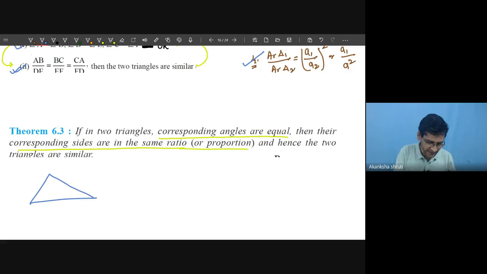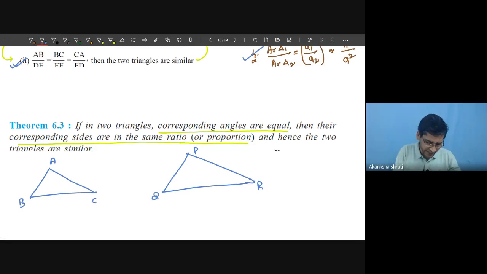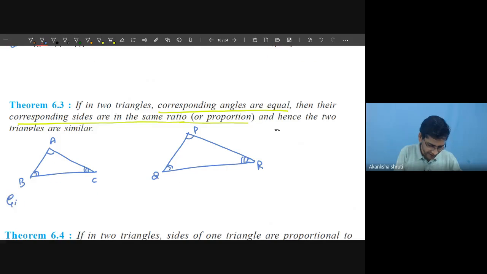one triangle as ABC, the other triangle as PQR. Here I am considering A corresponding to P. It may be possible that A equals Q, but let us consider B corresponding to Q, and C corresponding to angle R. So in this case, the given condition is only angles.